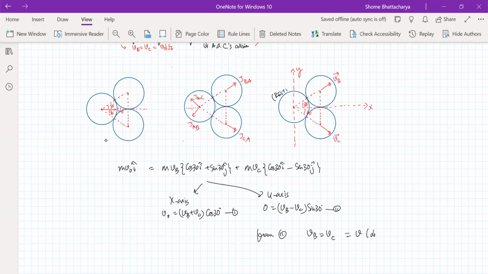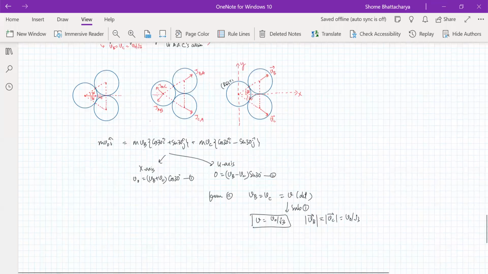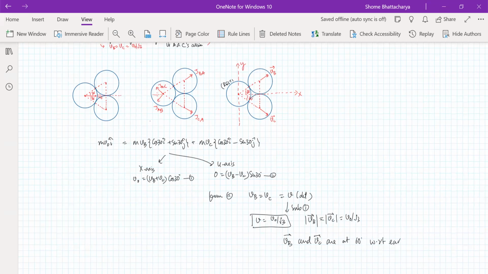Suppose that is v. Substituting in equation 1, that common value of v becomes v0 by root 3. So the magnitude of vB will be equal to the magnitude of vC, equal to v0 by root 3, and the angle between vB and vC will be 60 degrees, or you can say each is at 30 degrees with respect to v0.